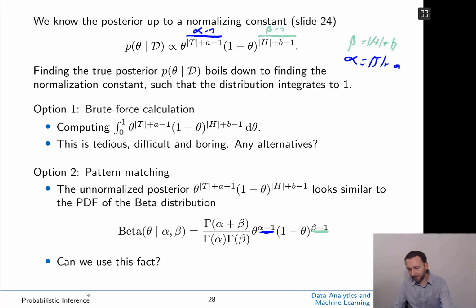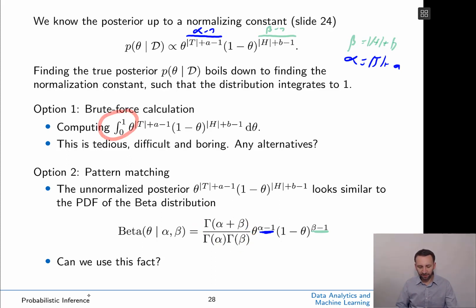So we see that if we instantiate alpha with this term and beta with this term, this here exactly becomes this here. And accordingly, we know what the normalization constant is, which is missing, namely the gamma function as defined here, right? Because now we have the alpha, we have the beta. So here, this is the normalization constant we were missing.